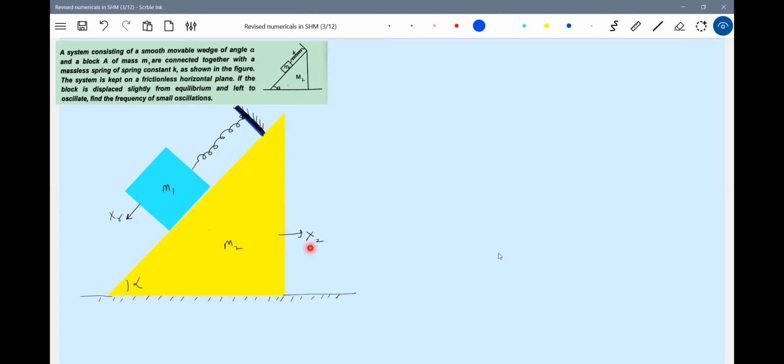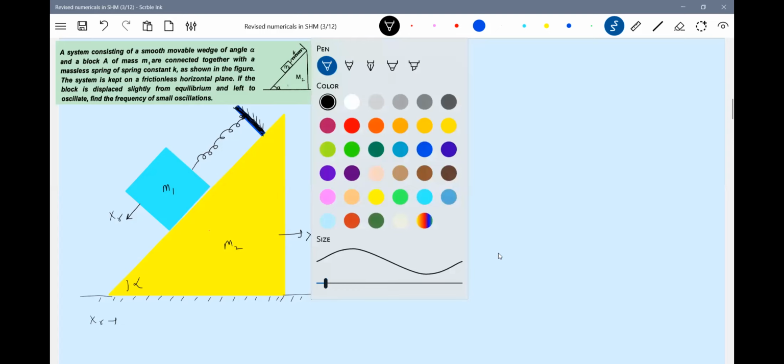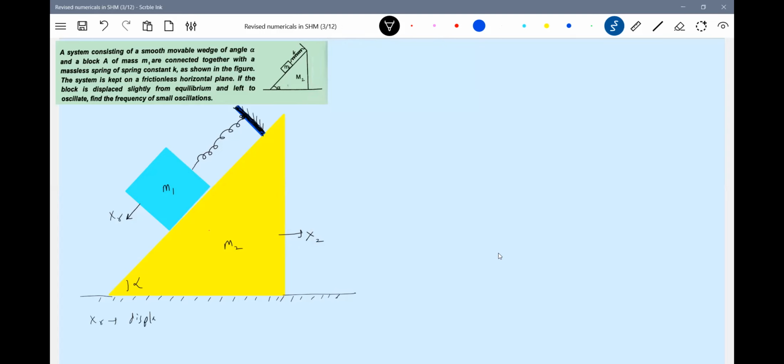Let it be the displacement of the wedge with respect to ground. I think these are the very primary things which are very important. What is xR? Displacement of block with respect to wedge. You can get into the problem very easily from here.